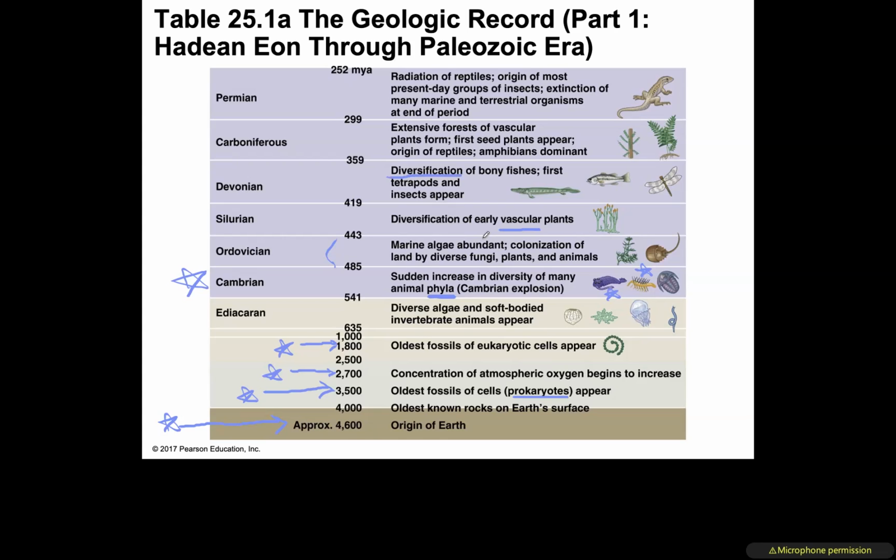this was huge. The reason why you have gas in your car is because of the Carboniferous period. Okay. It is because there were huge amounts of forests and vascular plants on land.